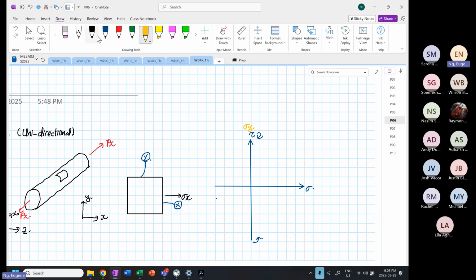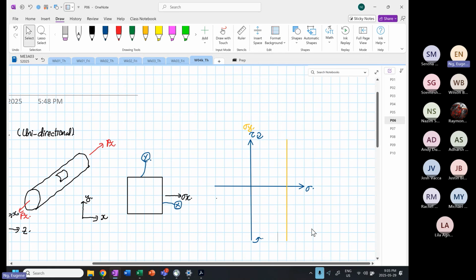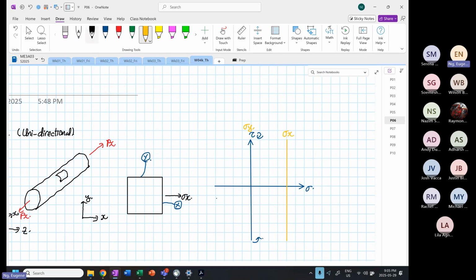And then right over here is our stress X line. And then we label this as our point X. And we label this as our point Y. Now we can construct a circle.